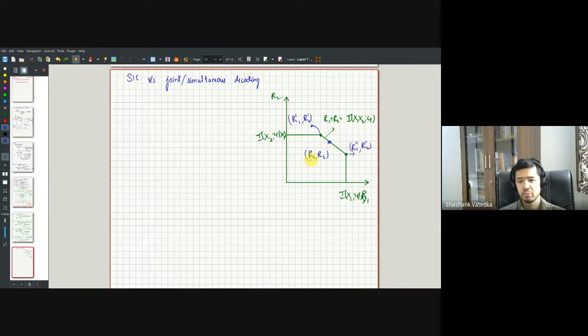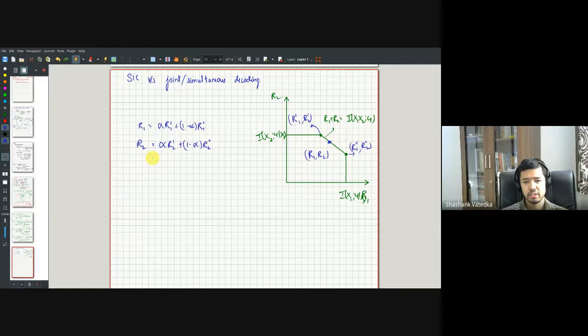Since R1, R2 lies on the line joining these two points, it can be written as a convex combination of the two points. So you can write R1 equal to alpha R1 prime plus 1 minus alpha R1 double prime, and R2 equal to alpha R2 prime plus 1 minus alpha R2 double prime.